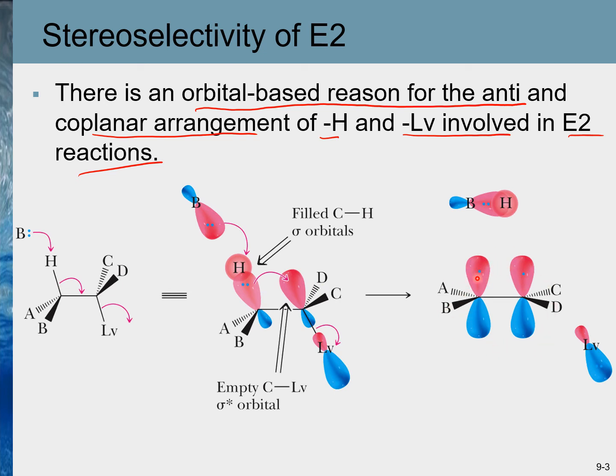So after these two p orbitals are aligned, they will result in the sideways overlap to form the pi bond. So therefore the E2 elimination reaction will only take place when hydrogen and leaving group are in the anti and coplanar orientation.